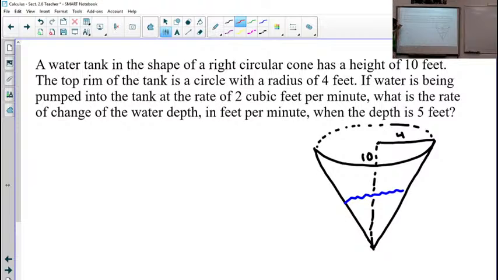We are trying to find what? The rate of change of the depth, which I'm going to write as height. That's the same as the height of the cone at that time. So I'm going to write it as dH/dt.